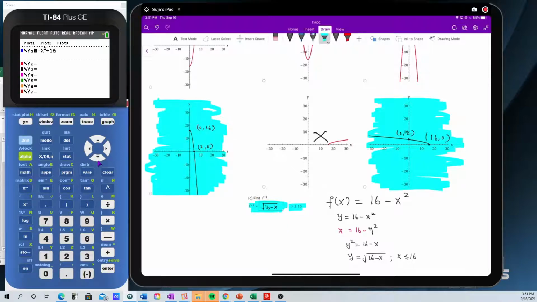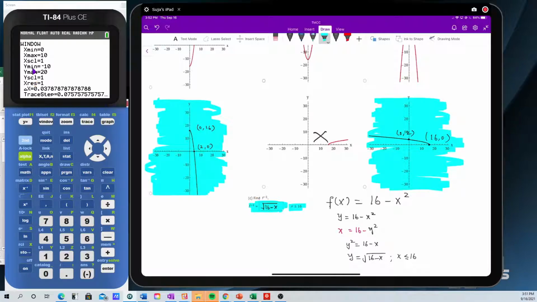Next I'll draw the identity function y equals x to show you it's symmetrical, then I'm going to graph the square root of 16 minus x. That's the identity line. Hold on, let me see.